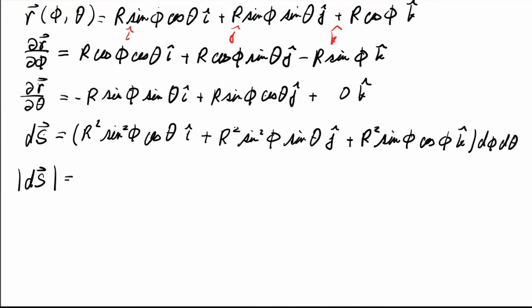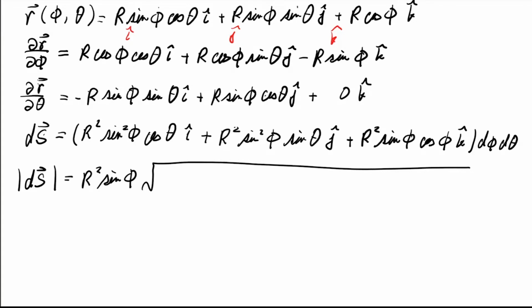So let's do that. Do you see at least r squared and sine phi are common in all of them, right? So I'll take r squared and sine phi out, and then I'll take a square root, and let's see what's left inside. Whatever's left, I need to square it to take a magnitude. So I have sine squared phi cosine squared theta.